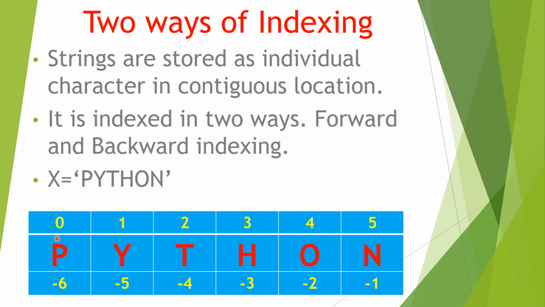So the index value of P is 0, Y is 1, T at 2, H at 3, O at 4, N at 5. So this is 0, 1, 2, 3, 4, 5 in the forward direction, and backward indexing starts with the last element with -1, -2, -3, -4, -5 and -6.